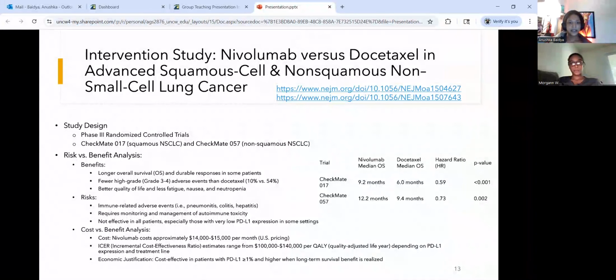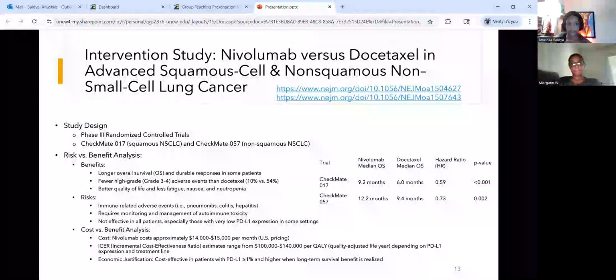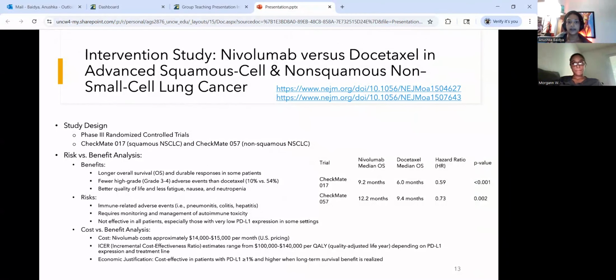And they were comparing nivolumab, or Opdivo, versus docetaxel. In the risk versus benefit analysis, they found a longer overall survival and better responses in some patients, fewer high grade, which are grade 3 to 4, adverse events than in docetaxel, and better quality of life, less fatigue, nausea, neutropenia.